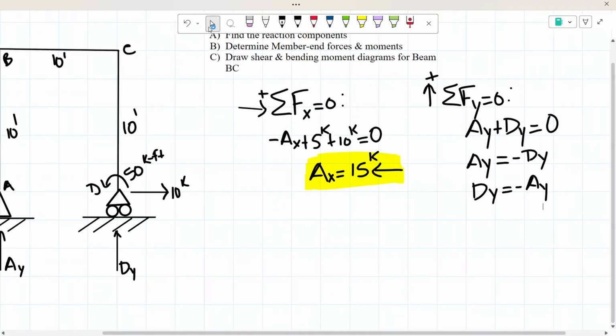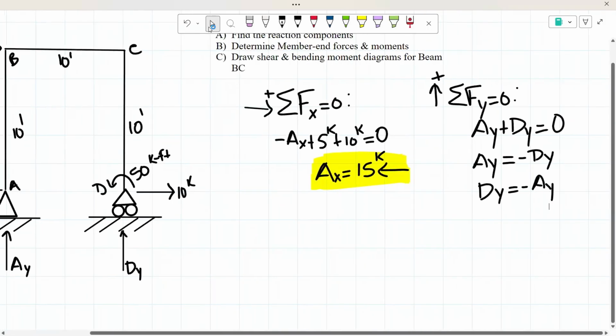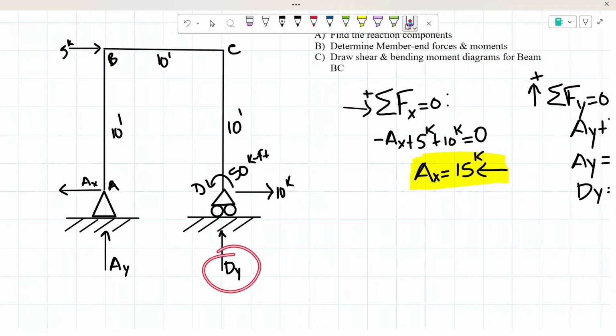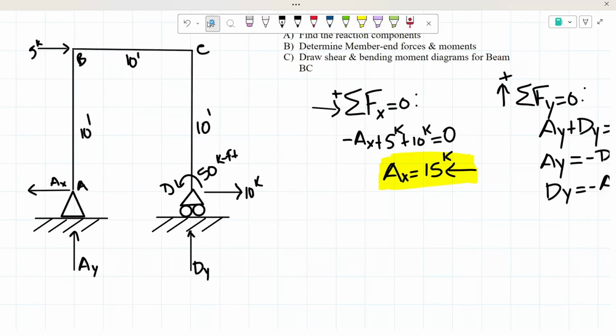So in this case, we could either take the moment about point A, which will cancel out A sub y and give us the answer for D of y, or we could take the moment about point D. That way we could negate D of y and solve for A sub y. I'm going to take the moment about point A to solve for D sub y.